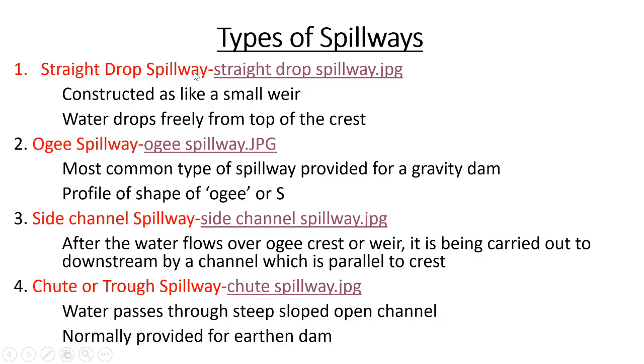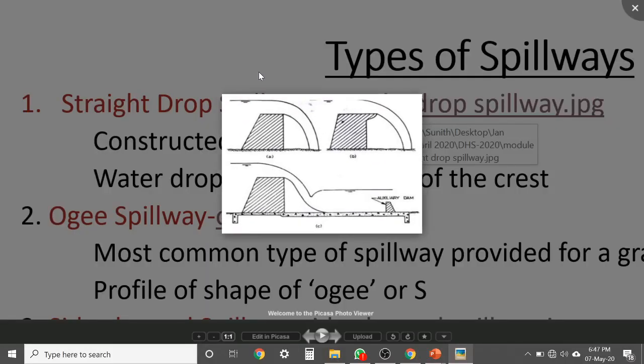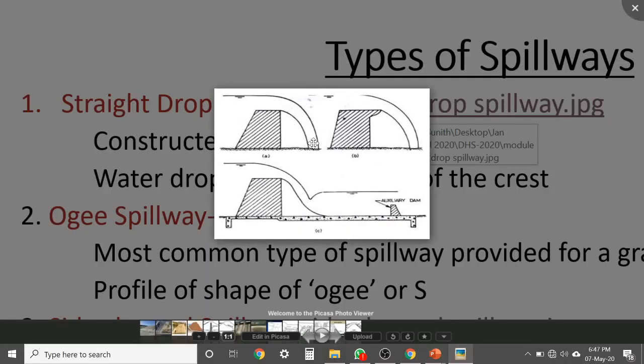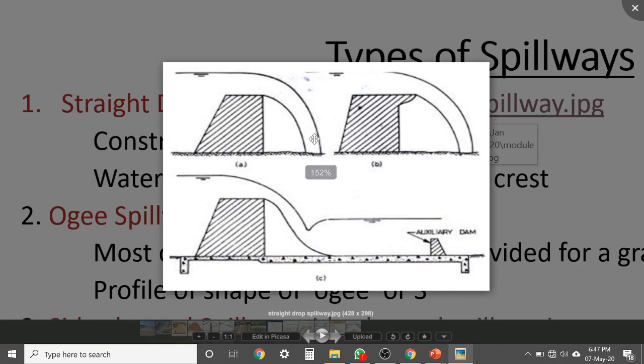In a straight drop spillway, no additional construction from the spillway point of view is required, and it is a very simple type of spillway also. You can see the figure of a straight drop spillway. See, this is the topmost portion.